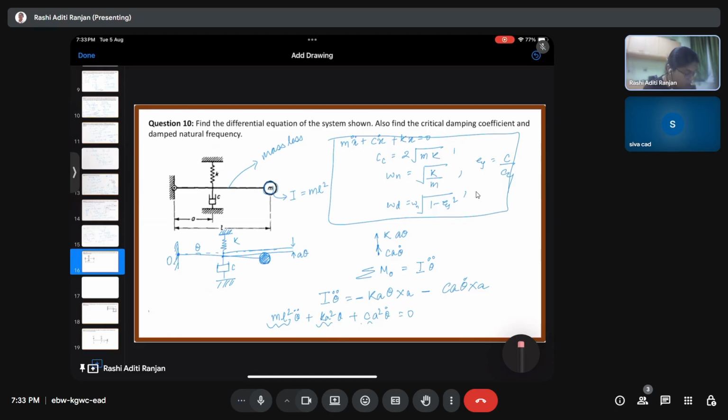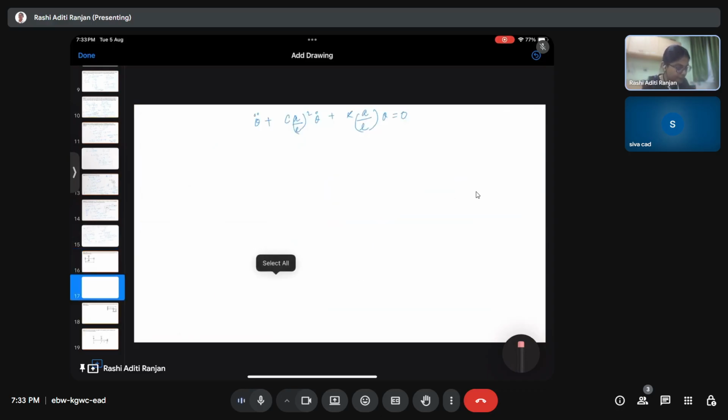Do you know why? See, because we have moments in this, okay? L square and a square. If we remove it, we keep the mass, but we just remove the L square part, right? We can get the correct one. How? I'll show you. Like if I use it like this here, should be an m and m.